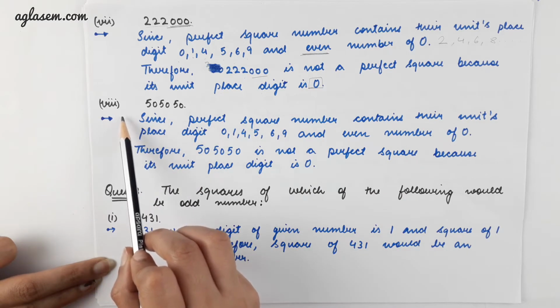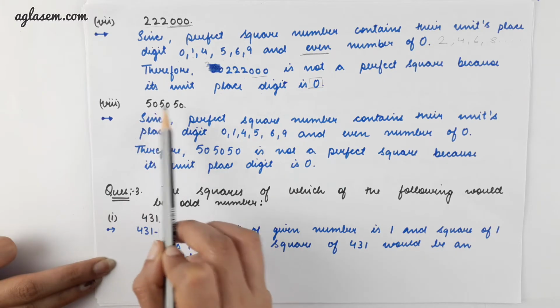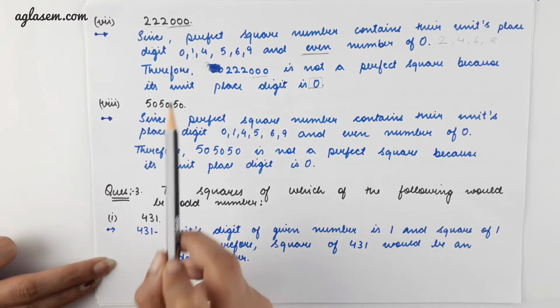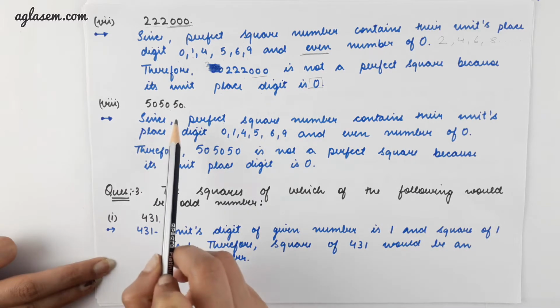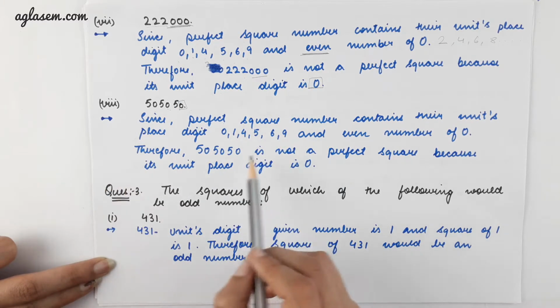The last part of the question is 505050. We have to tell whether this number is a perfect square number or not. Here also we can see the unit place is 0.